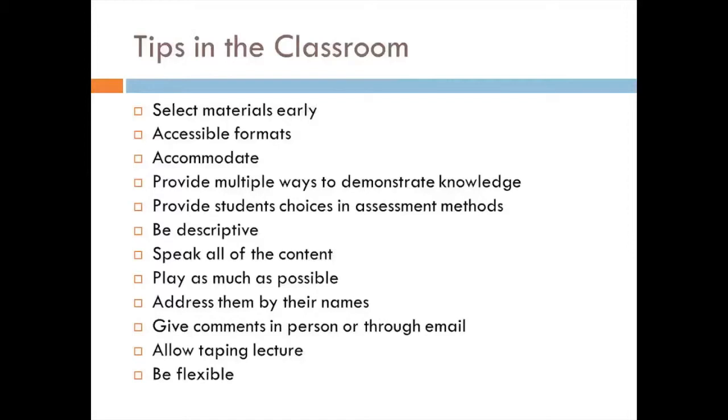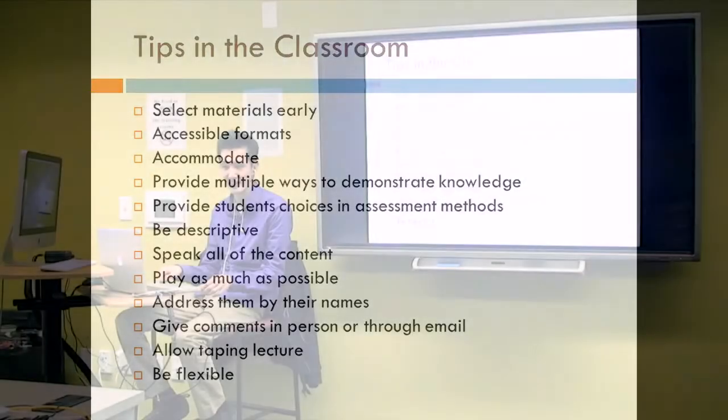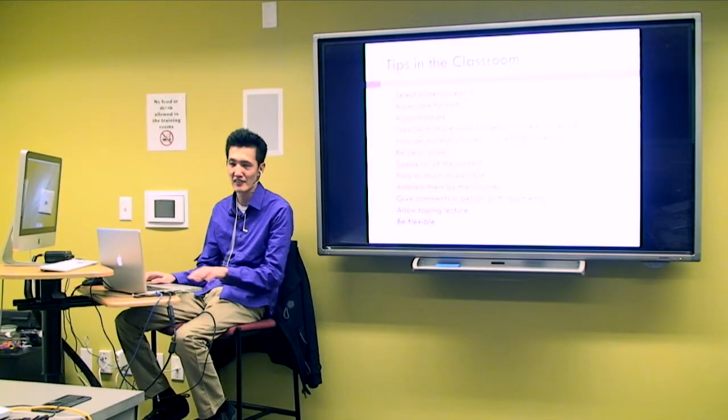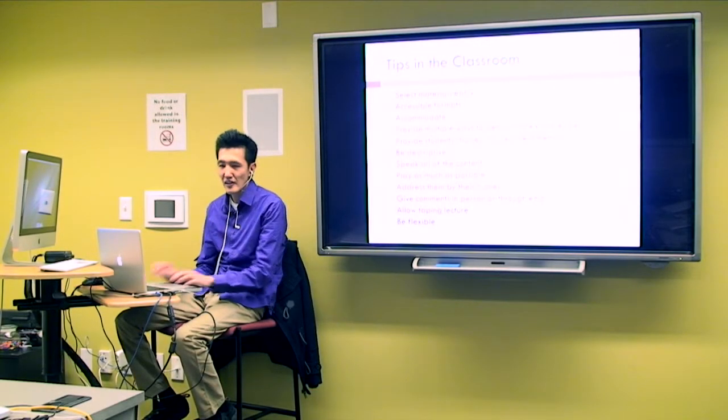But if you apply OCR, which is optical character recognition, then the student can read it with a screen reader. So by simply doing OCR, you are making the same material accessible.